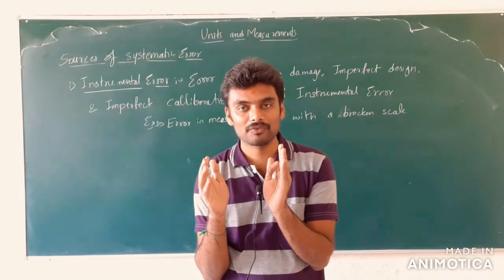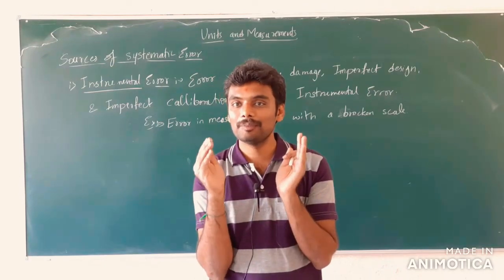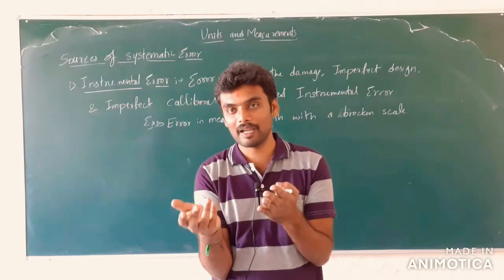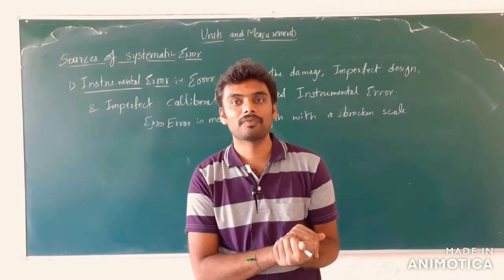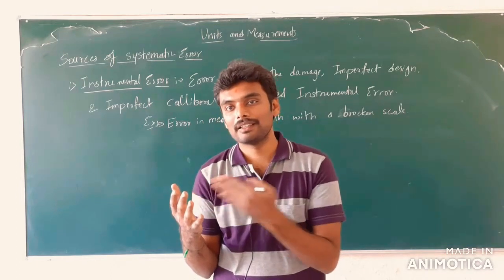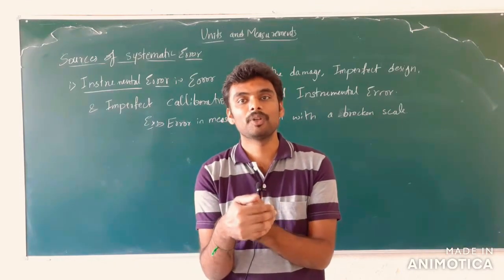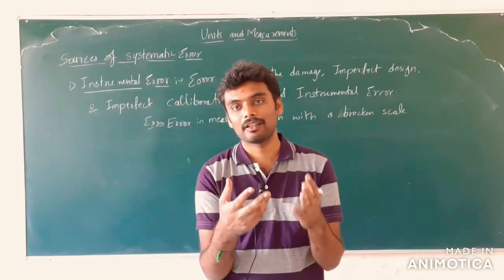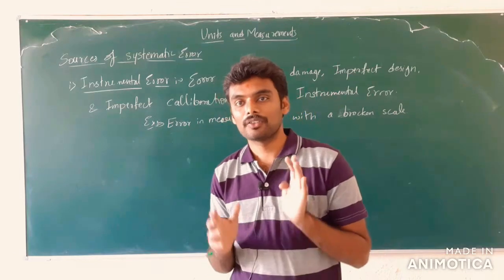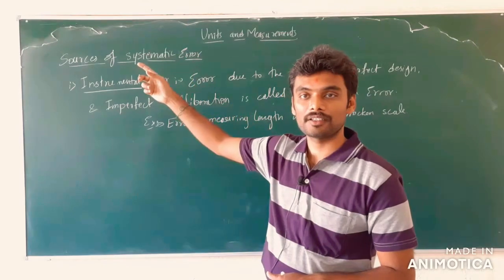They are not as clearly visible as on the new scale. So due to the damage that has happened to the scale, the readings that you get from that scale will have error because of the damage, and that kind of error can also be considered as instrumental error. Clear with this? So this is about instrumental error, which is a source of systematic error, right?